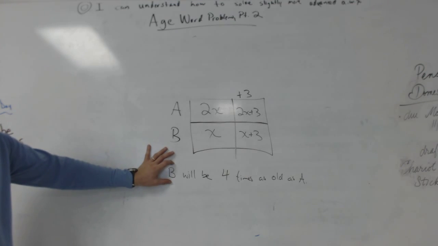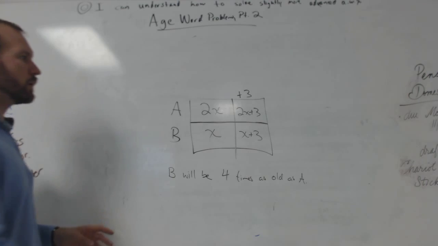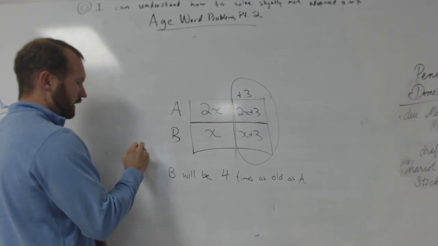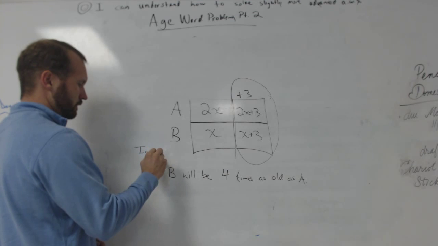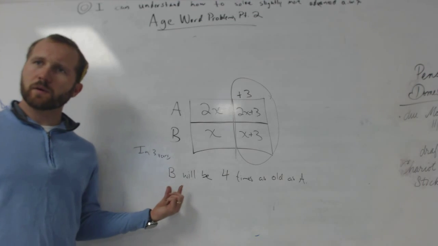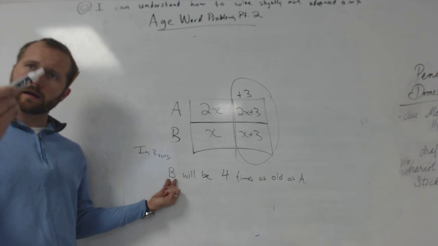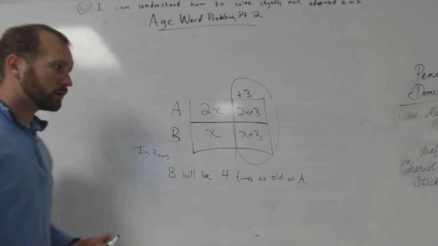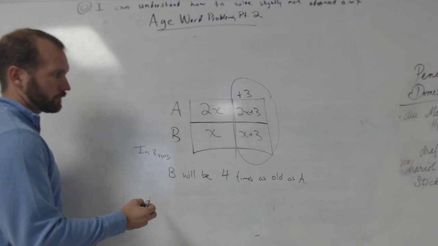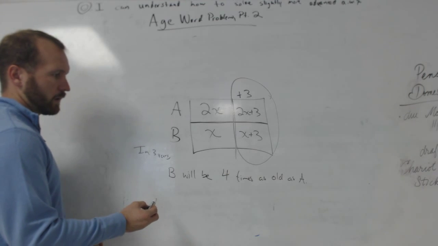What does B signify here? We're always going to be using this column, so this would say something like in 3 years. So what do I write for B? For B, as a mathematical equation, you write 4 parentheses x plus 3.